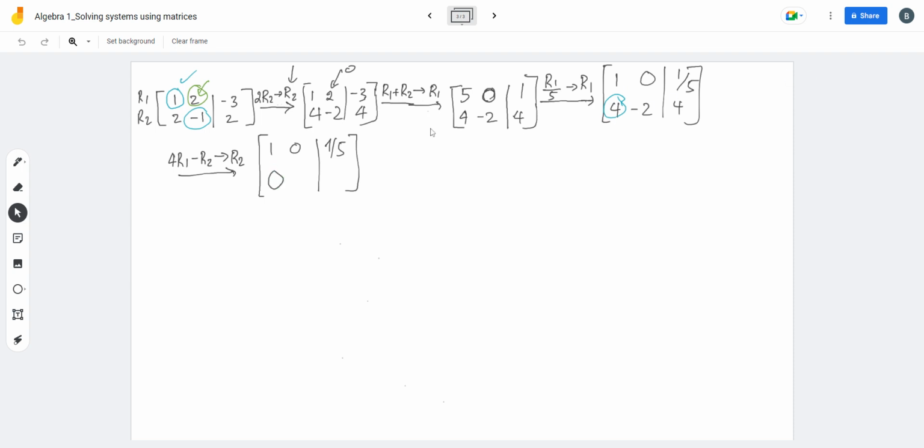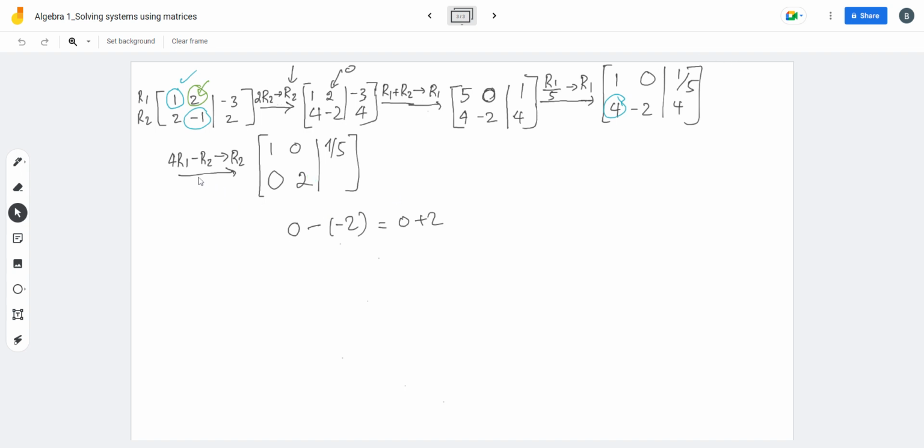Okay, now 4 times row 1, so 4 times 0 is 0, 0 minus 2, so that would be 0 plus 2, so that would be 2 over here.